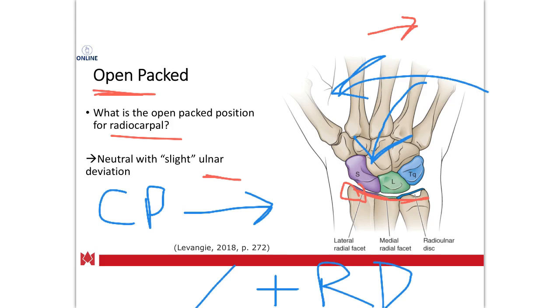If you're thinking about when you're in that plank position or a push-up position at the top, your wrist is extended and it's radially deviated depending on how you position that, that would be a closed pack position. A very stable position, but also one where the joint surfaces have a lot of contact with each other. We tend not to test everything in that position, although we might put the wrist into extension if we want to test the TFC and maximally compress that area.